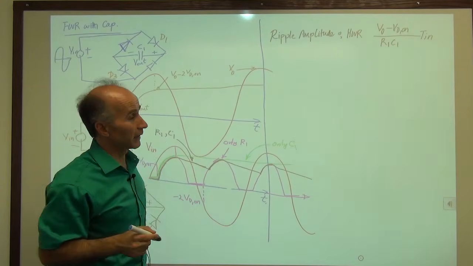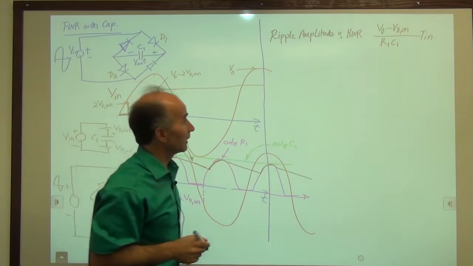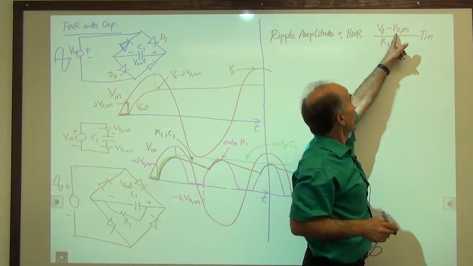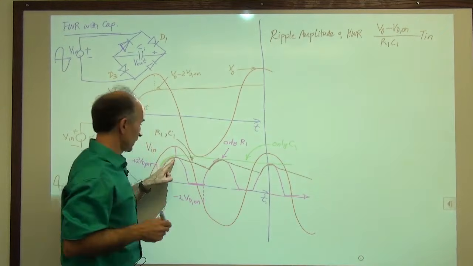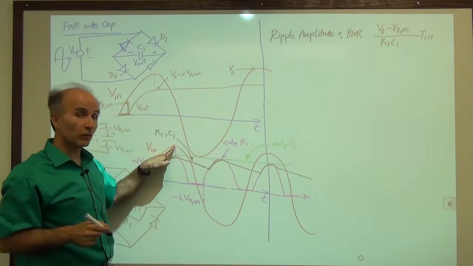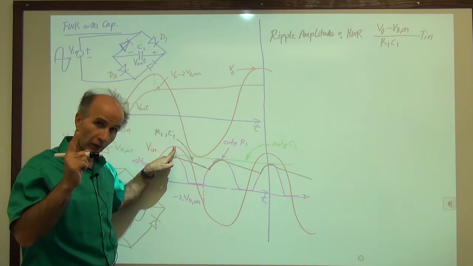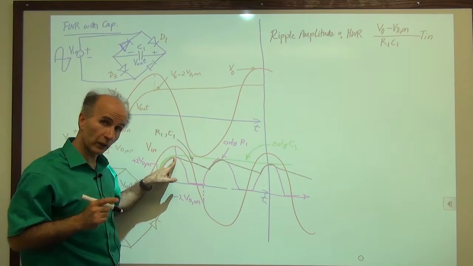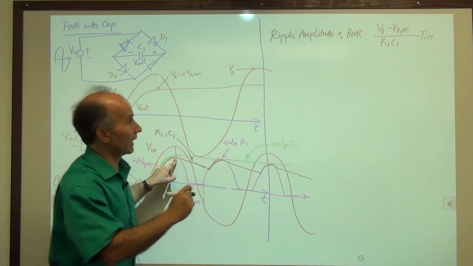For a full-wave rectifier, what happens? Well, the voltage that we have initially, right here, is no longer V0 minus 1 diode drop, it is V0 minus 2 diode drops. So that has to be changed.